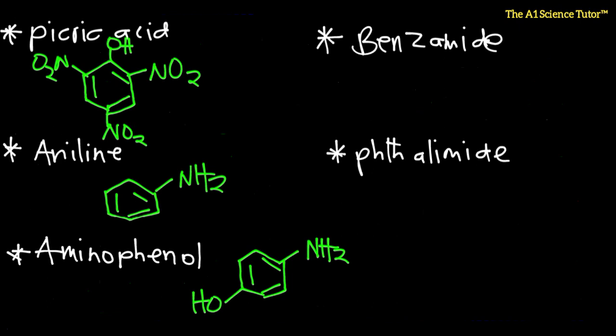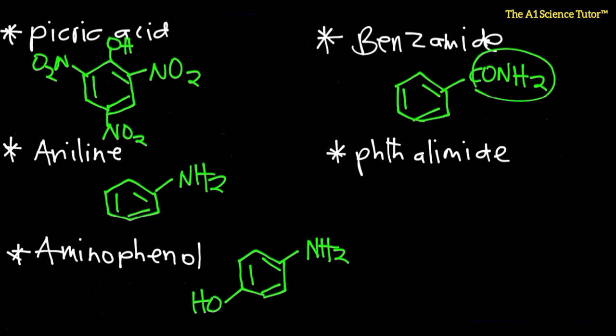How about benzamide? What is going to be the structure? So that should be a benzene ring with an imide group. So this is basically the structure of benzamide. Now phthalimide is the type of benzamide where there are 2 of the imide groups. So that is going to look like this.